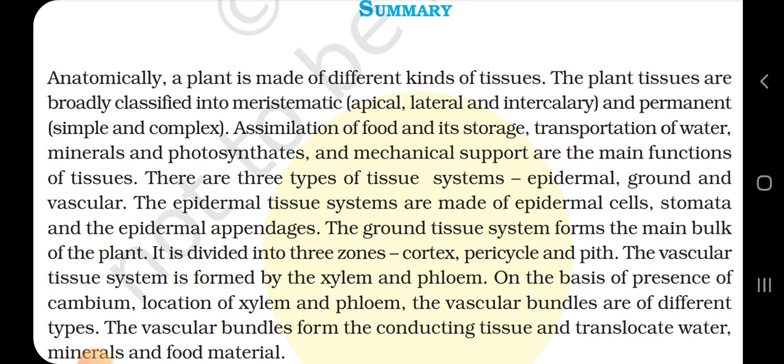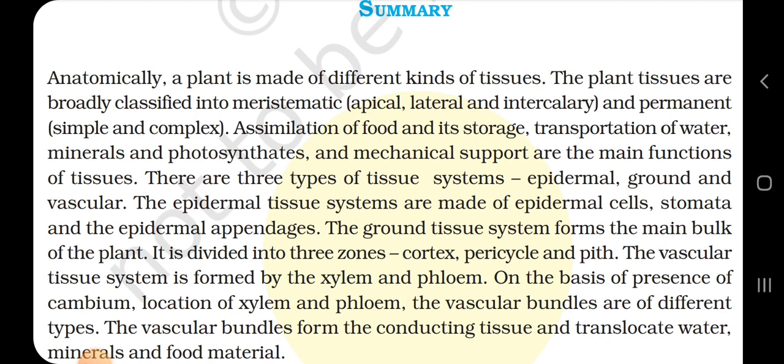Summary. Anatomically, a plant is made of different kinds of tissues. The plant tissues are broadly classified into meristematic, meaning apical, lateral and intercalary, and permanent, meaning simple and complex. Assimilation of food, its storage, transportation of water, minerals and photosynthesis, and mechanical support are the main functions of the tissues. There are three types of tissue system: epidermal, ground and vascular.